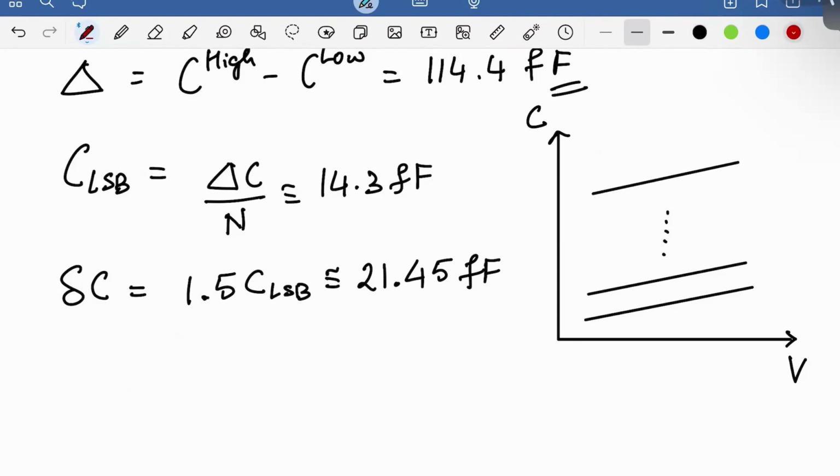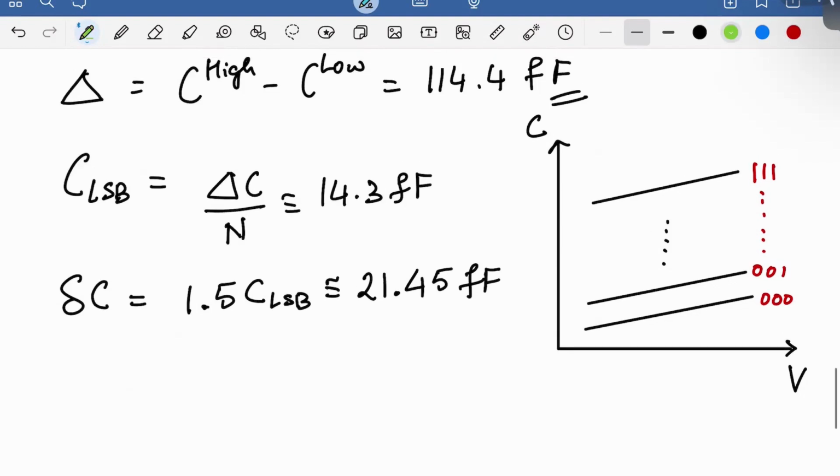So this is your 0, 0, 0. This is 0, 0, 1, and so on. And this is your 1, 1, 1. Actually, when all the caps are off, that's 0, 0, 0, and when all the caps are on, you get the highest capacitance.